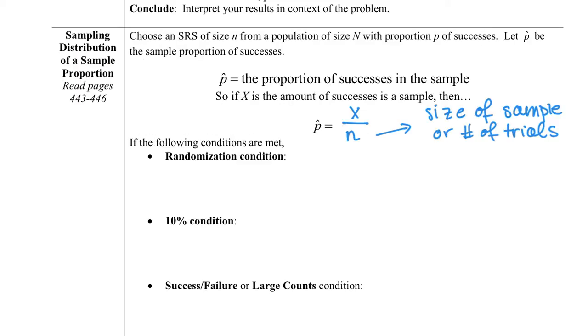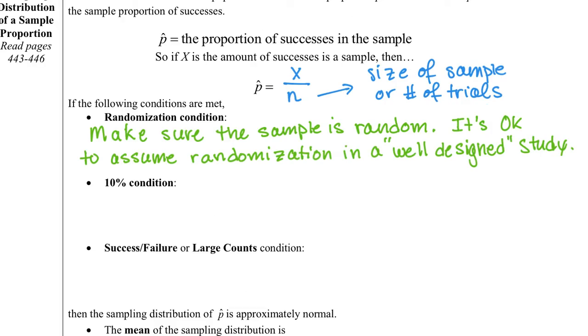Just like the geometric and binomial conditions, we do have conditions we need to have met before we can start making inferences. The first thing is the randomization condition. Make sure the sample is random. It's okay to assume randomization in a well-designed study.